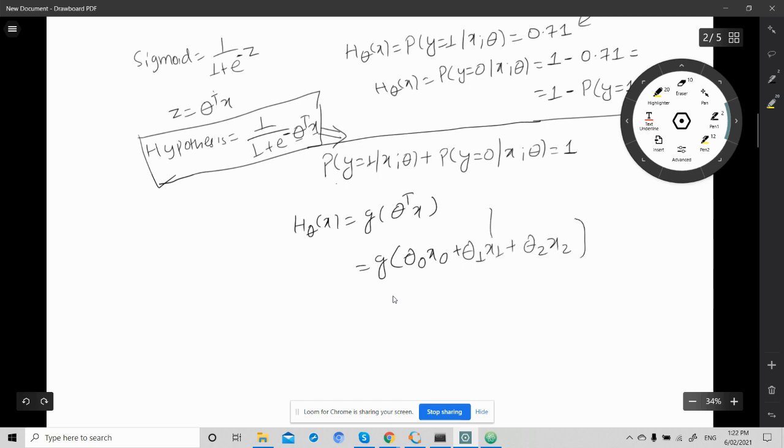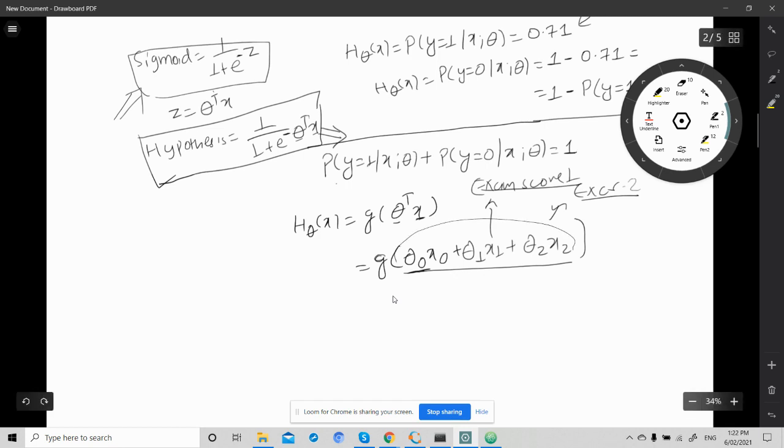Since we have two features, this is my exam score 1, score 2. So we need to implement this equation, which is a matrix multiplication of this and this, and then we need to take a sigmoid. We have already written a function for the sigmoid. Right now we need to include this equation. So we need to do this multiplication and then apply the sigmoid function.